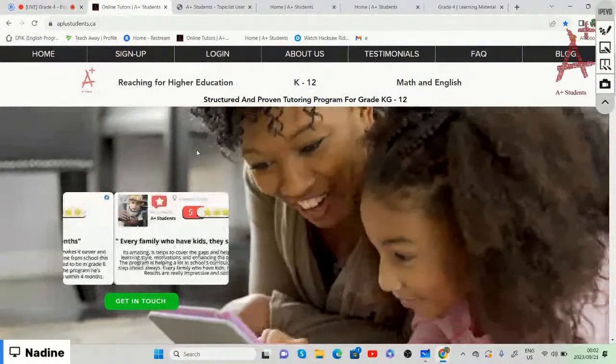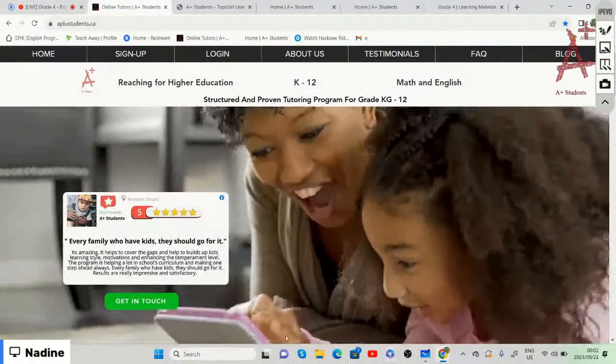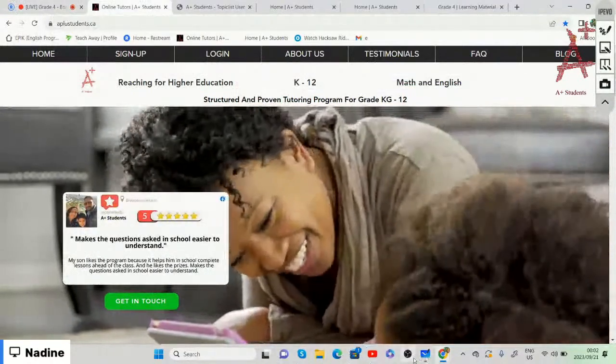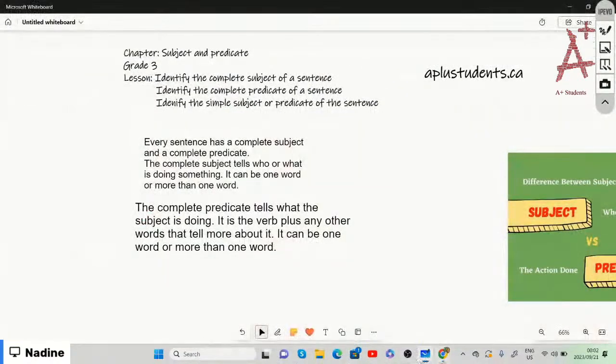we are doing our lesson on aplusstudents.ca. So you're going to log into aplusstudents.ca with your username as well as your password. Once you have logged in, you are going to select the subject of language arts, and then we choose grade 4.